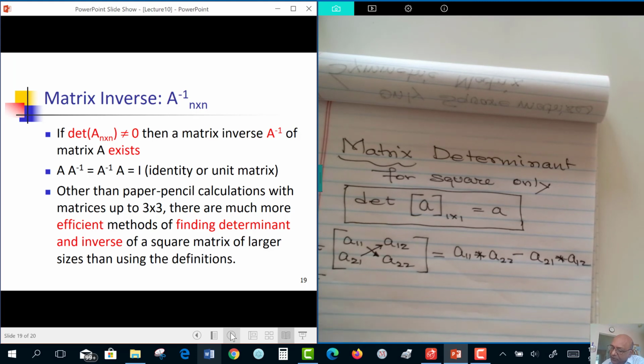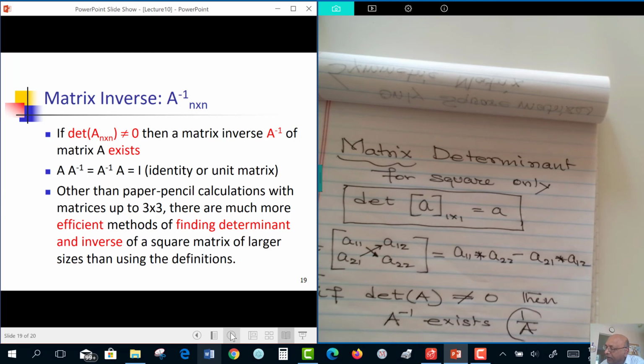But based on this property, we say if the determinant of a matrix A is not 0, then we say A inverse exists. So inverse is like 1 over A. Remember, if we can find 1 over A, then we can implement a kind of matrix division.